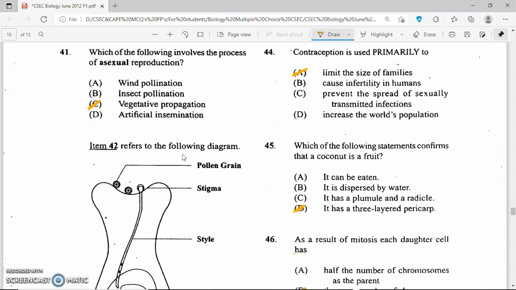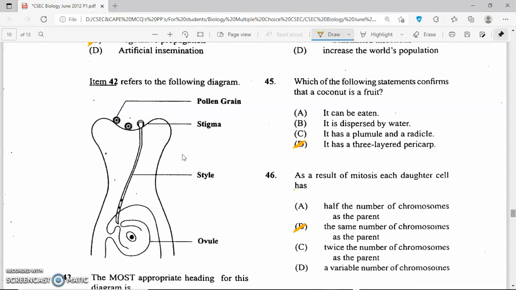Number 45. Which of the following statements confirms that a coconut is a fruit? All fruits must have a three-layered pericarp, and that would be the exocarp, the mesocarp, and the endocarp. So the answer here is D. Number 46.